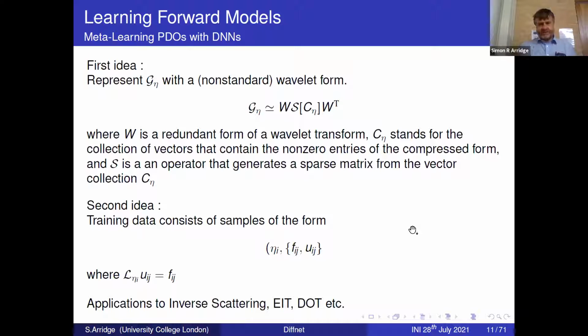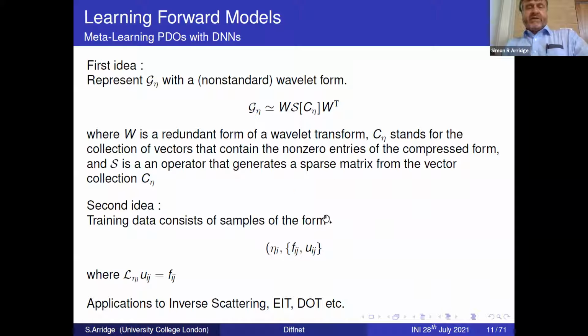And among other ideas, there is something that looks akin to an encoder-decoder style representation, where you have a redundant form of wavelet transform and its inversion, and then the learned components are representing a compressed form of the coefficients of those basis functions that represent the Green's operator.